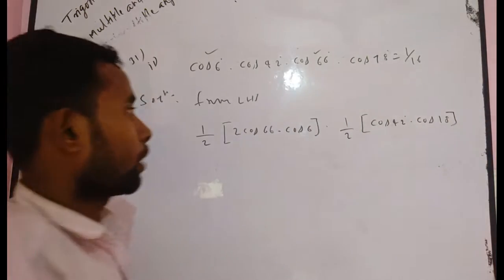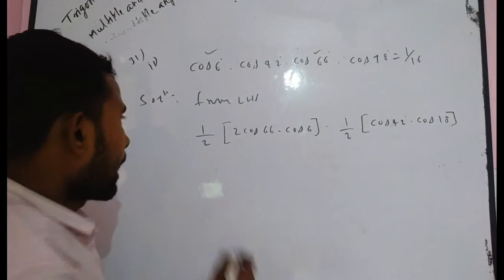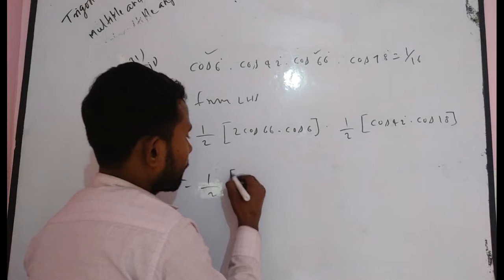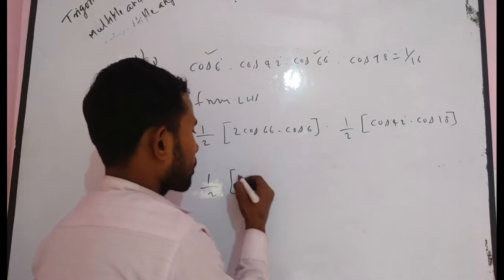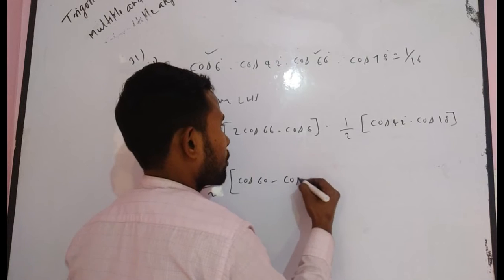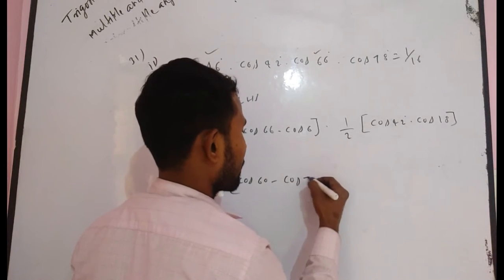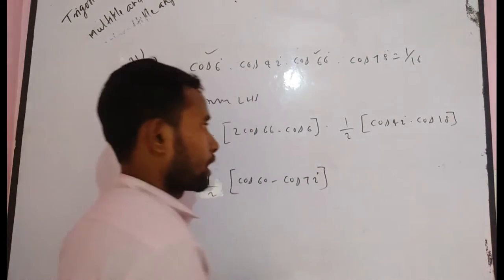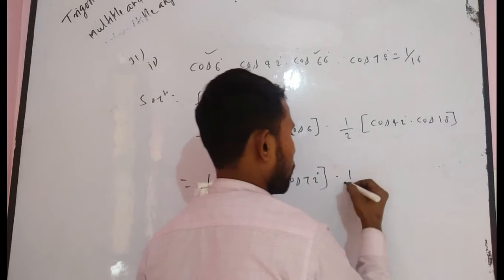I think you understand. Now you have to simply write here 2 cos A into cos B. cos(A minus B), that means 66 minus 6, that means 60, plus cos(66 plus 6), that means 72, into 1 upon 2.